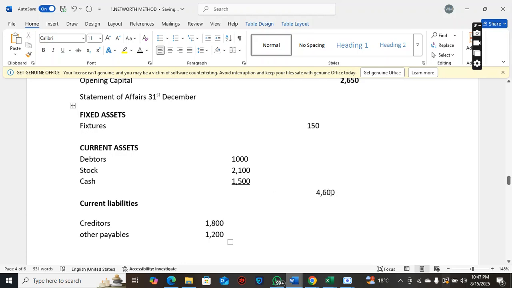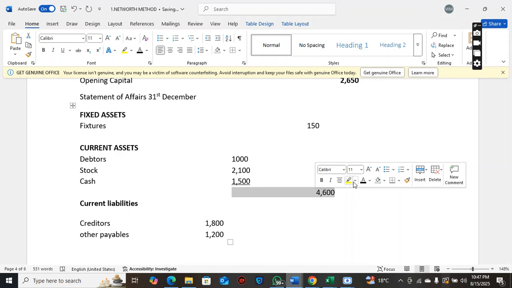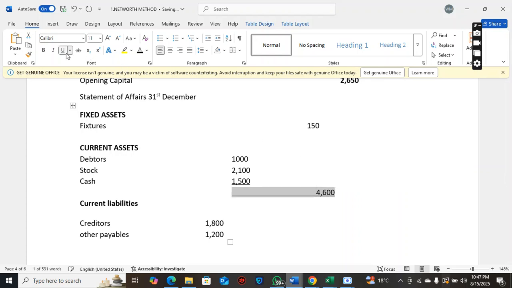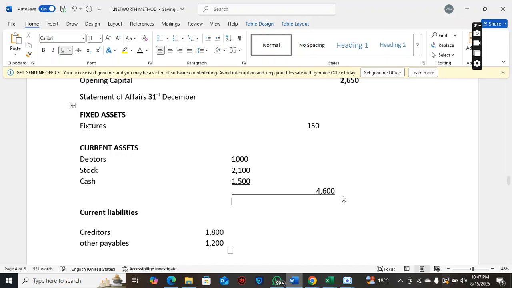Then we can get our total assets, 4,600 plus 150, you get 4,750. These are our total assets. Any questions here?